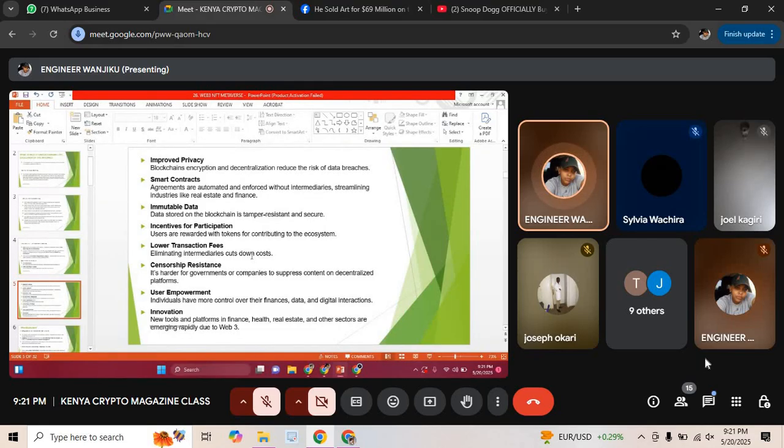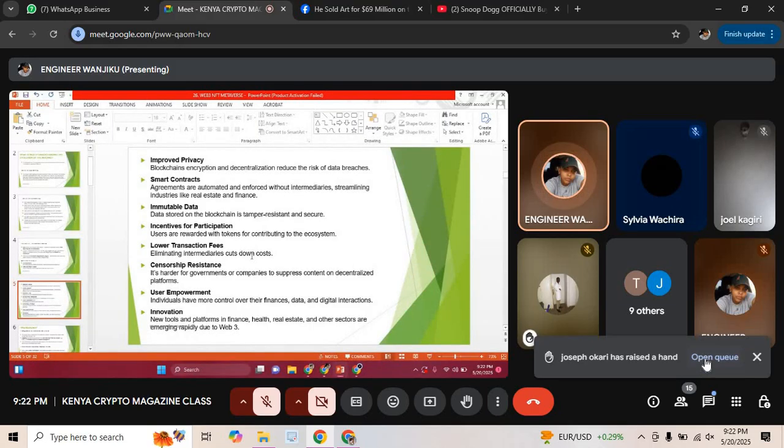Number four, incentives for participation. Users are rewarded with tokens for contributing to the ecosystem. Someone give us an example to describe incentives for participation. Give us a technology and the token that was used as an incentive behind that technology. It's very simple.